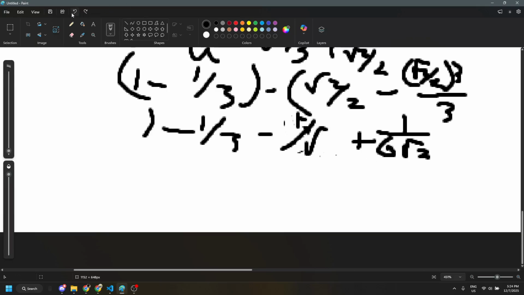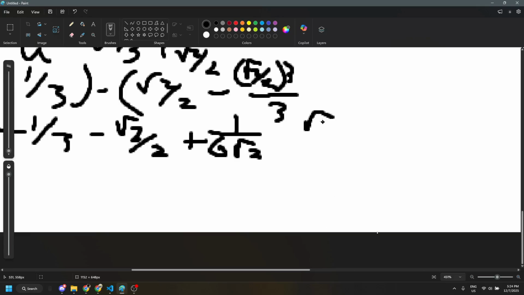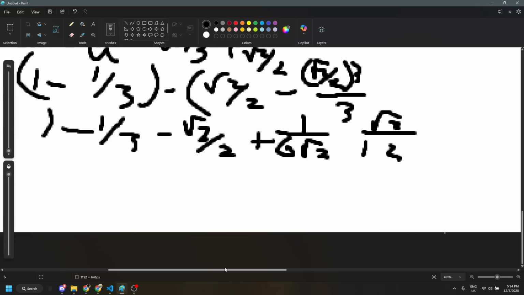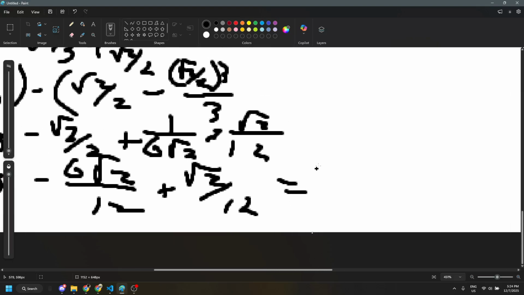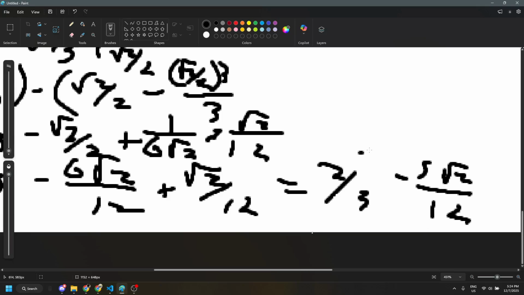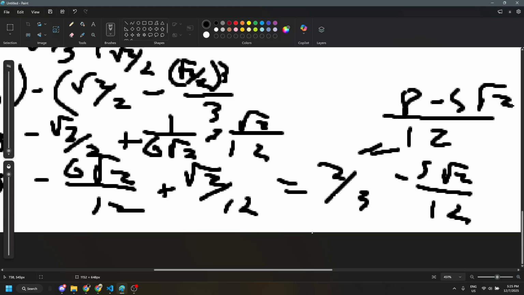And then multiplying this by root 2, we get root 2 over 12. Okay, so this is equal to 2/3 minus 6 root 2 over 12 plus root 2 over 12. So this is equal to 2/3 minus 5 root 2 over 12, which is equal to 8 minus 5 root 2 over 12.